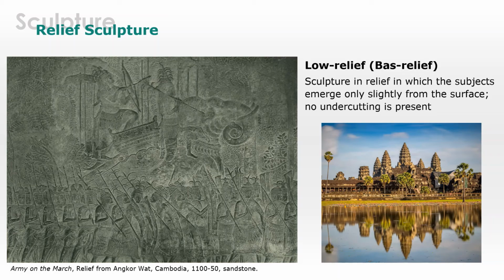The soldiers and the background provide a setting for the prince, who stands with the bow and arrow poised in his carriage on the elephant's back. Intricate detail covers entire surfaces of the stone walls of the temple complex.